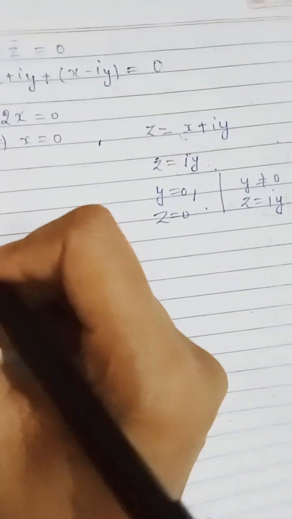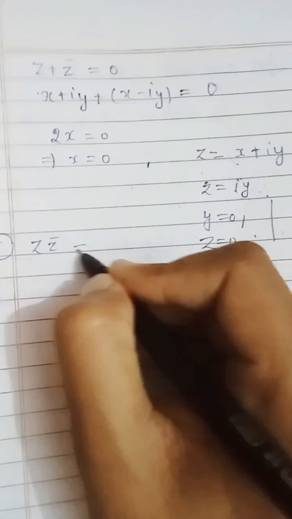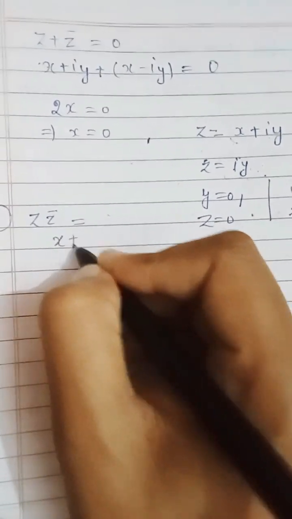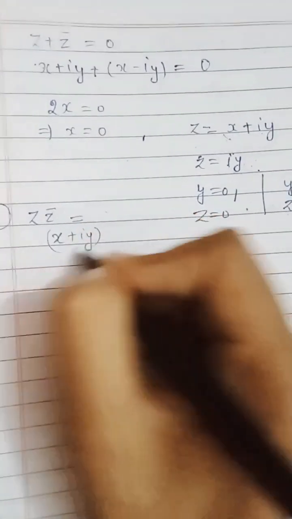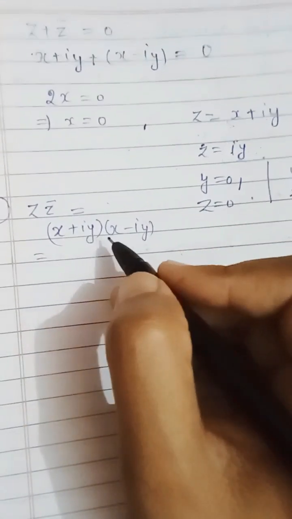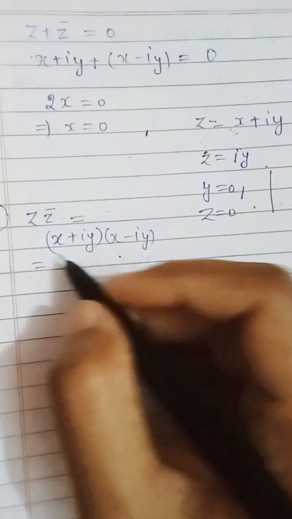Now what we will have if we multiply z and z conjugate? z is equal to x plus iota y into x minus iota y. Then what we will have?